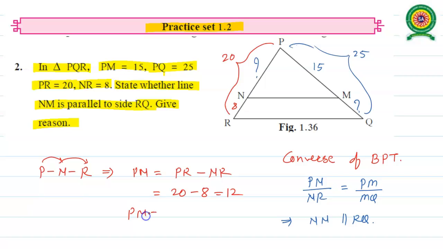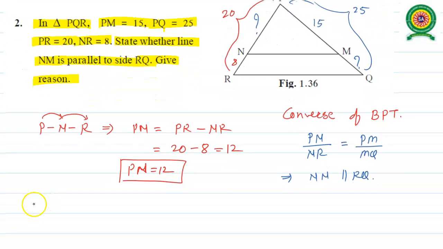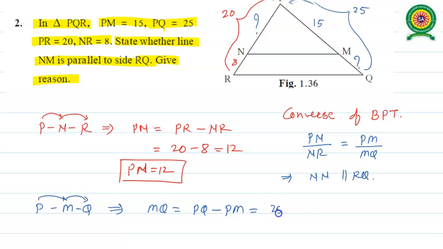So we have the PN value as 12. Now try to evaluate the value for MQ. How to find the value for MQ? Look, we have the points P, M and Q are collinear, and the sequence of points is P, then M, then Q. So we can write MQ equals overall PQ minus PM. We have the PQ value as 25 and PM value as 15.